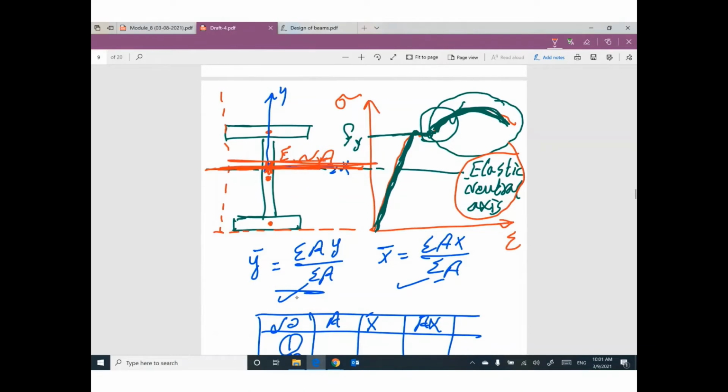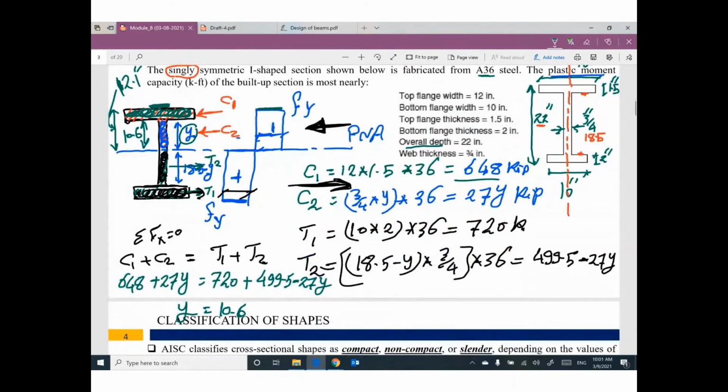At this centroid, you have the neutral axis. This neutral axis is called elastic. But if you would like to figure out where the plastic neutral axis is, plastic means the upper part of the cross section is under compression and yielded. The lower part of the cross section is under tension and yielded. The compression on the upper part equals the tension on the lower part.